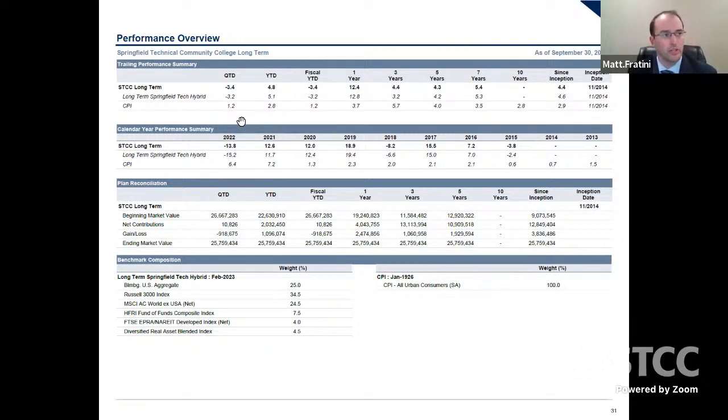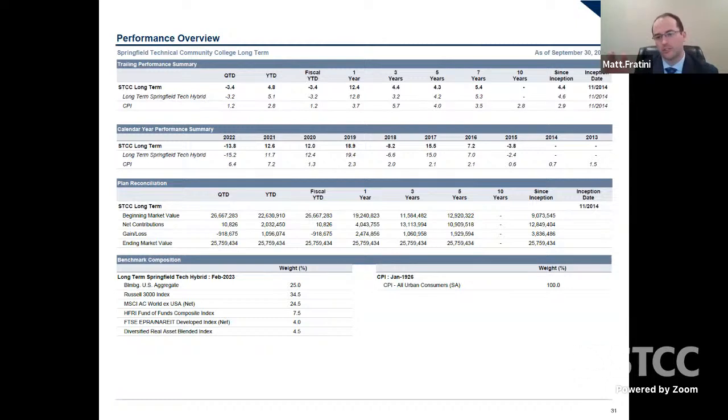We'll start off by looking at the quarter. You can see upper left-hand side, right where my cursor is. Portfolio is down 3.4%, slightly trailing the blended benchmark, which was down 3.2%. When we transition over to the year-to-date time frame, you can see the portfolio is positive, up 4.8%.